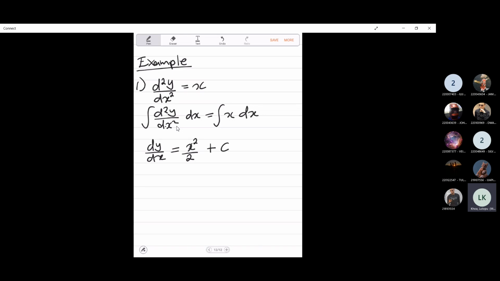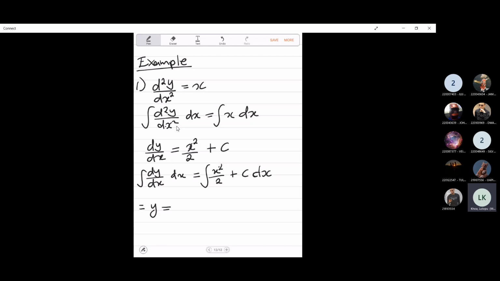Then I want to get y, so I need to integrate again. So the integral of dy/dx, here with respect to x, this is the integral of x squared over 2 plus c dx. So again, when I integrate the first derivative, I get y.